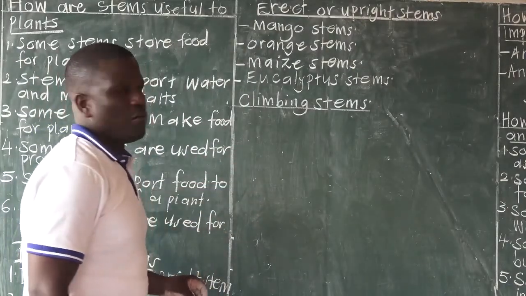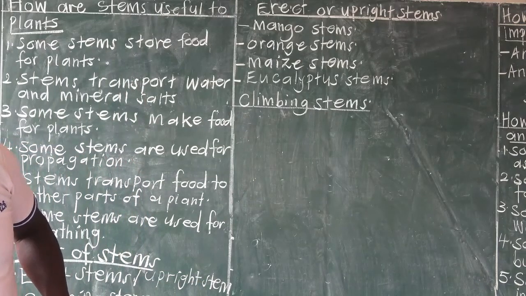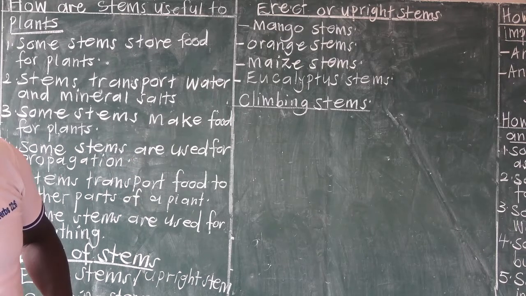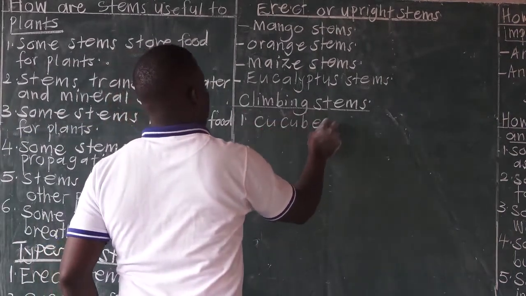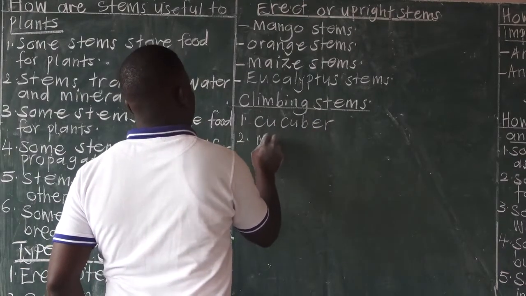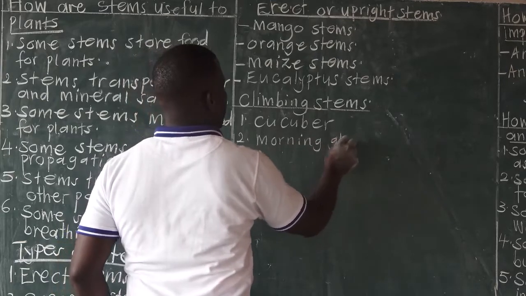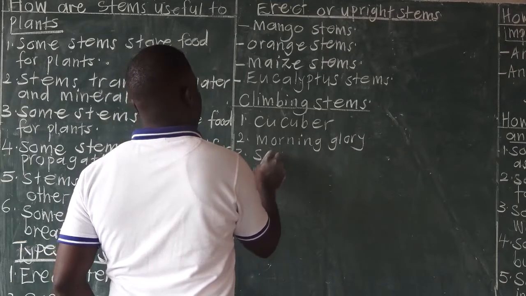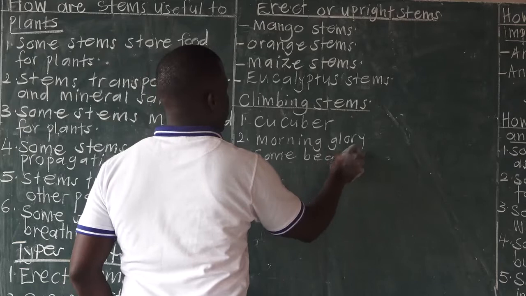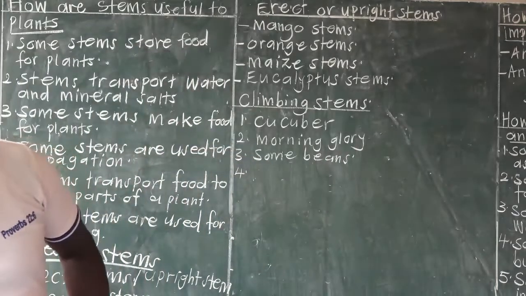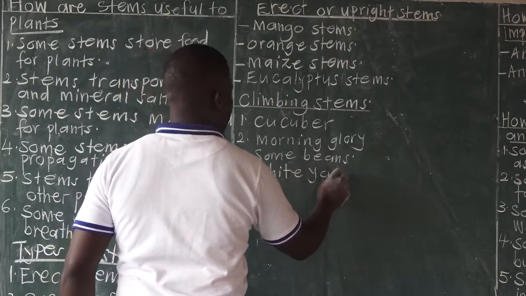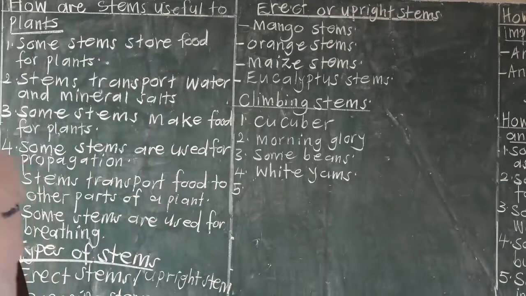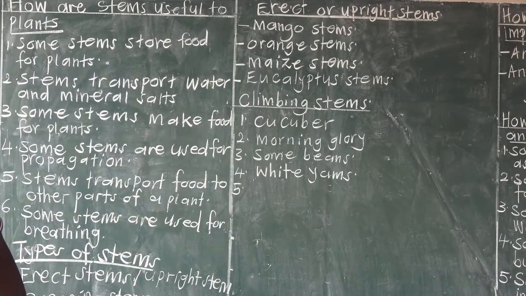For example, we have morning glory, sunbeams, cucumber, white yams, pea plants. They have weak stems or climbing stems.